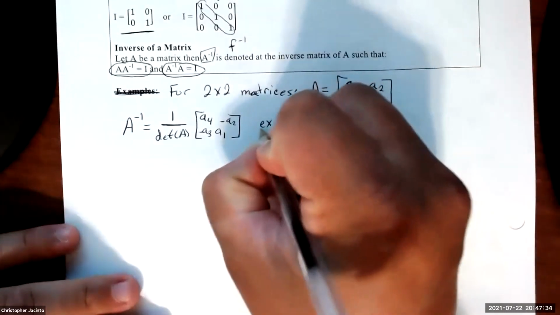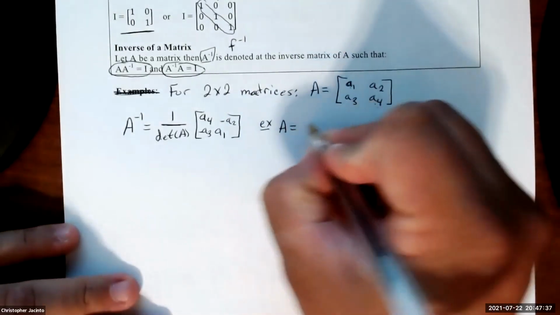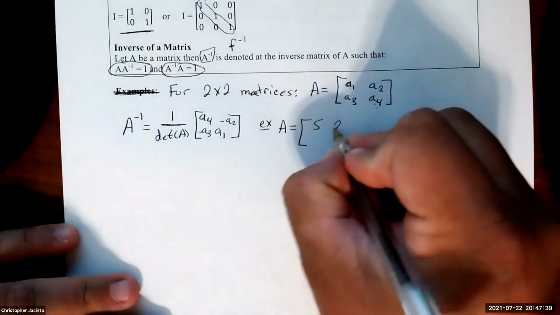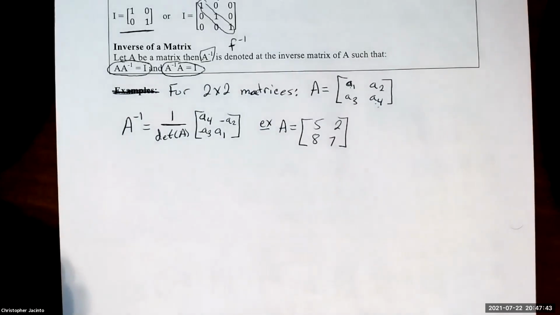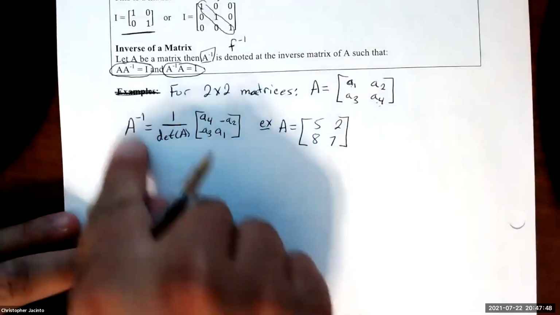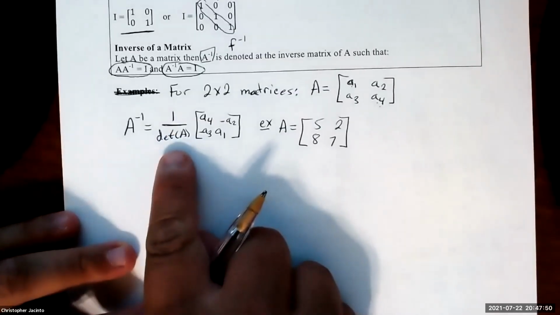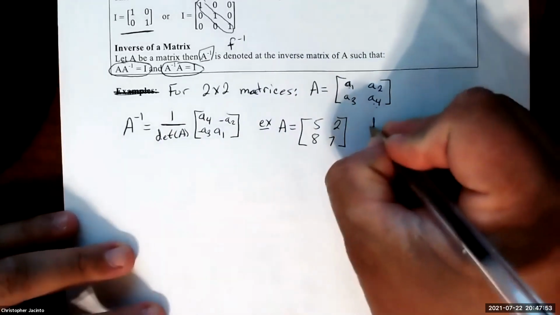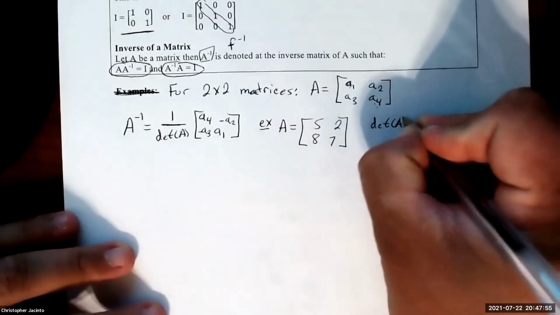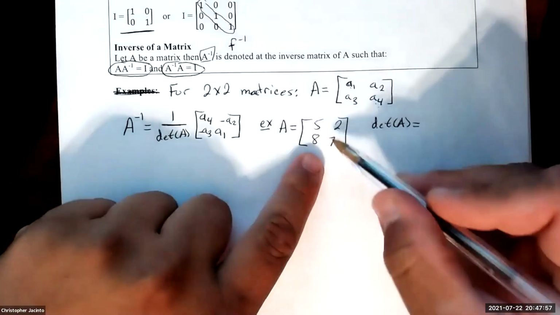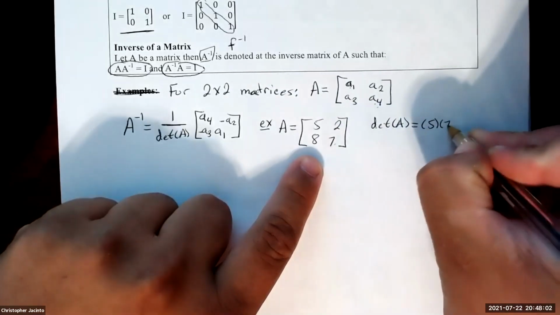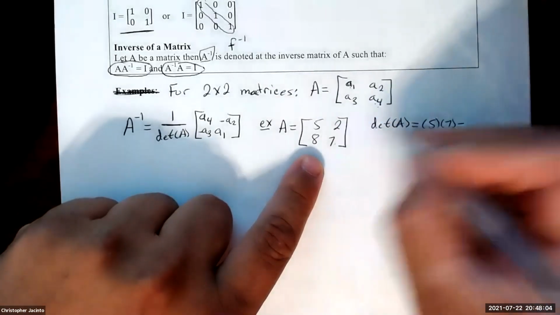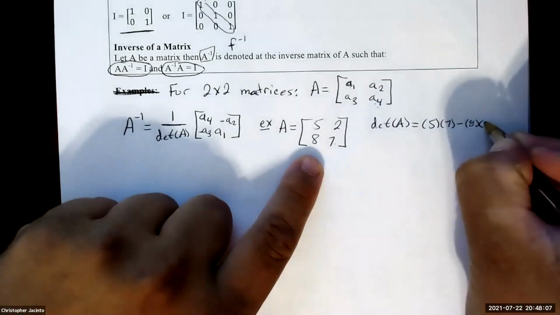For example, suppose matrix A is 5, 2, 8, 7. First, to find the inverse, we need the determinant of A. Remember, the determinant is 5 times 7 minus 8 times 2.